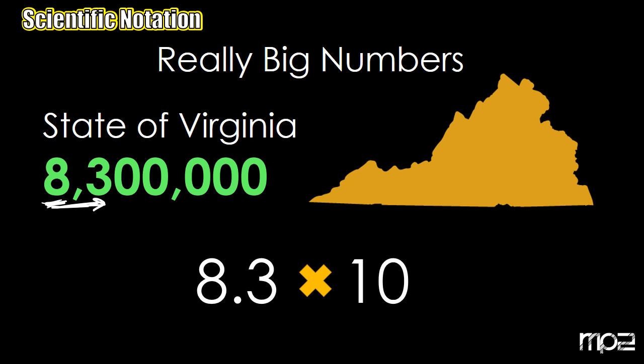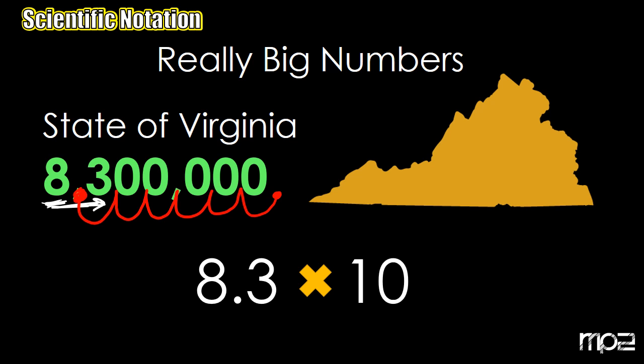The next part is I have a multiplication sign, and now I'm going to do a power of 10. The way I can get the exponent for this power of 10 is I'm going to place a decimal at the end of this number here, because it's already there. I just don't have to write it. And I'm going to move it till I get to where my decimal shows me 8.3. So let's move it now to the left. 1, 2, 3, 4, 5, and 6.